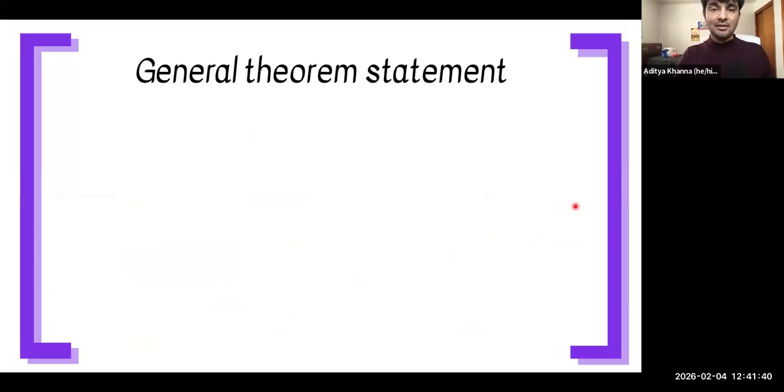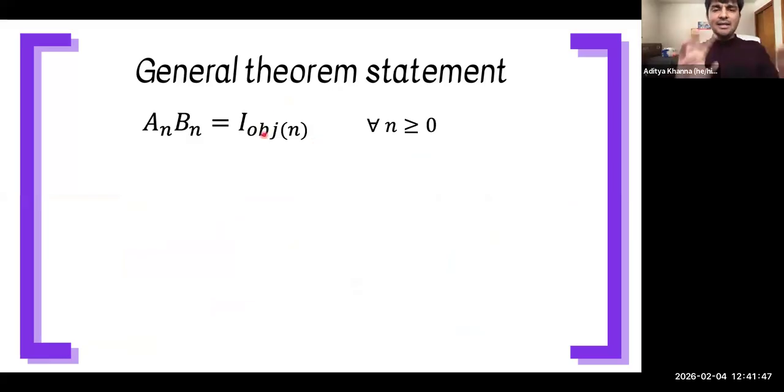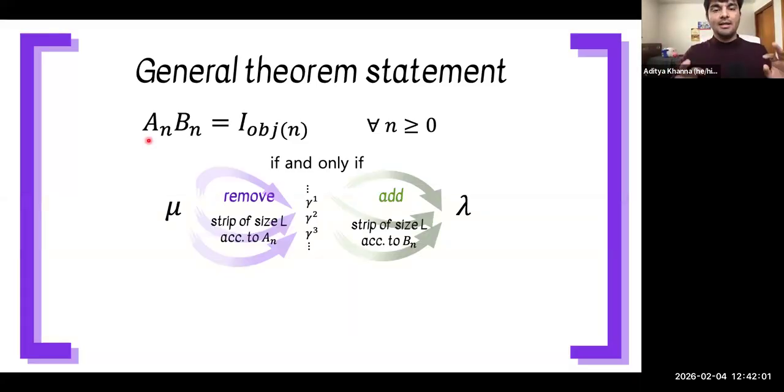This is a general thing, and what you can show is if I have two matrices An times Bn such that their product is identity, and they're indexed by some objects. The columns are always indexed by compositions. That is one restriction that we have, while the rows are indexed by basically any objects, mostly partitions. What you do is you start with mu, you remove a strip of size L according to An, you get some intermediary objects.